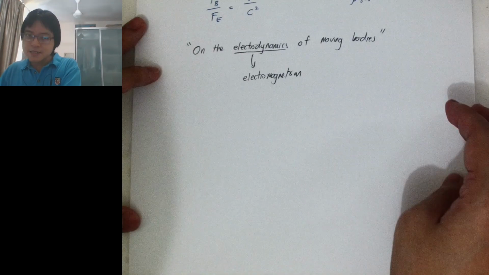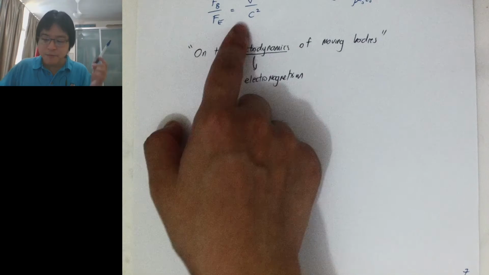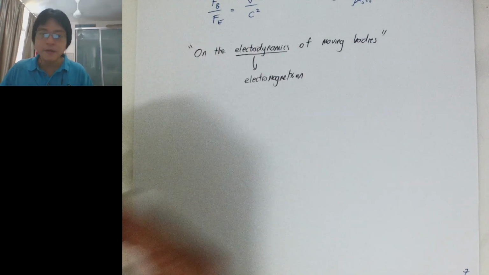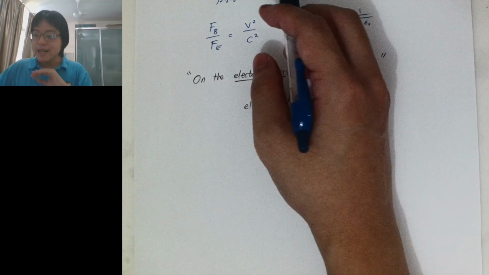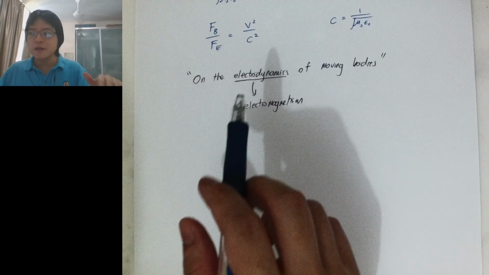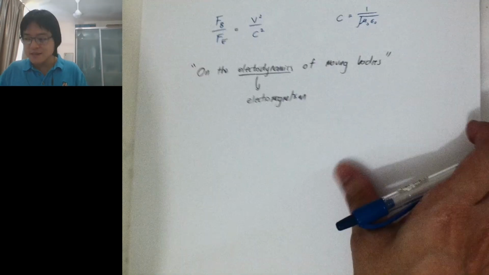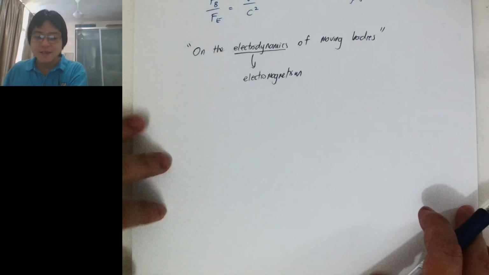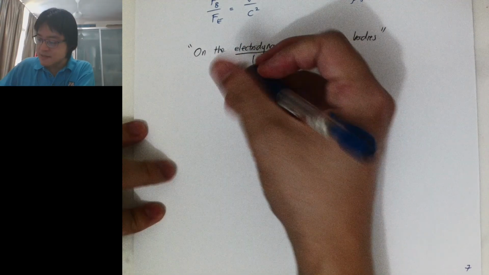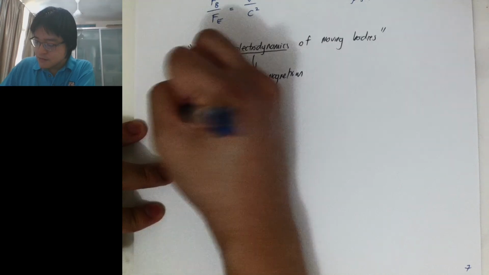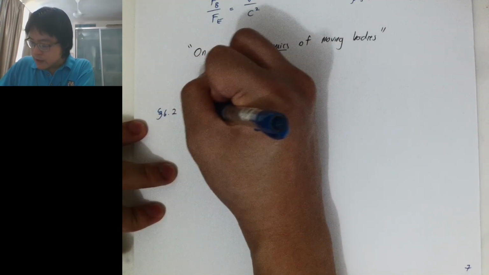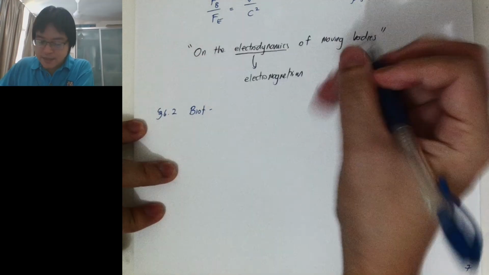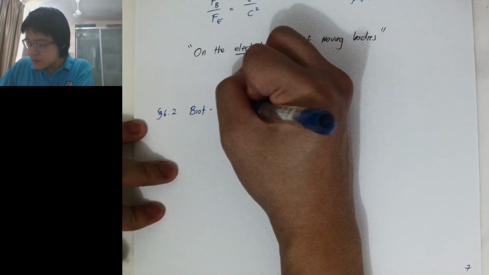For close to the speed of light, we cannot use Newton's law. But electromagnetism is special: for fast moving velocities it still works. That is why electromagnetism is kind of powerful in that sense. Okay, so that's the other thing. The next thing is Biot-Savart's law.